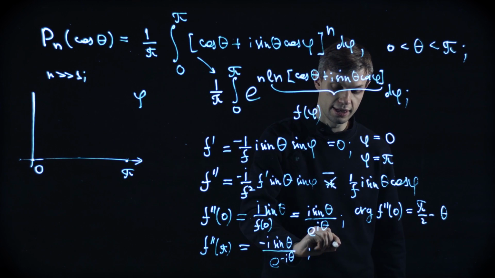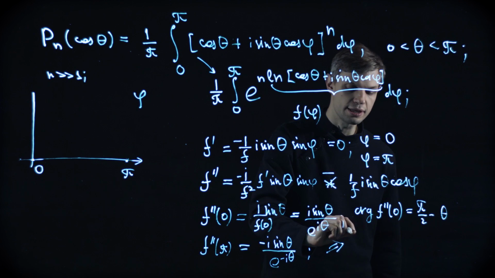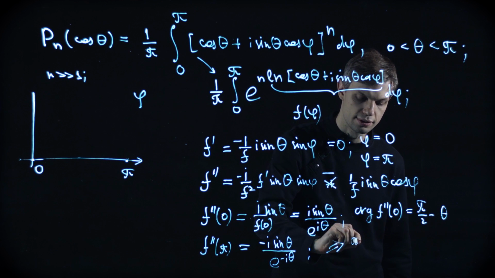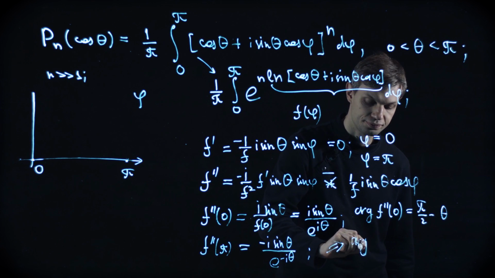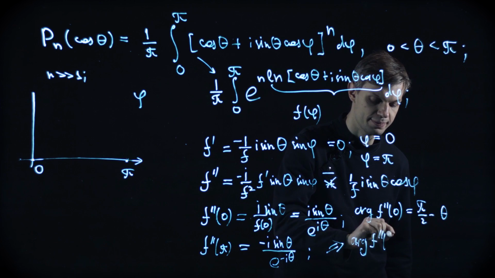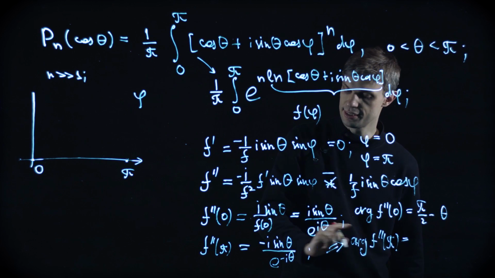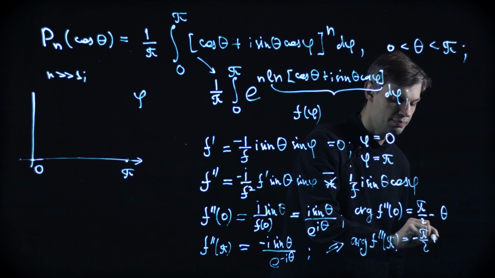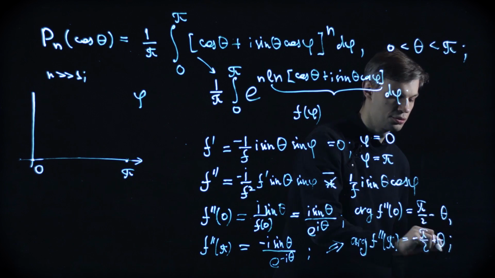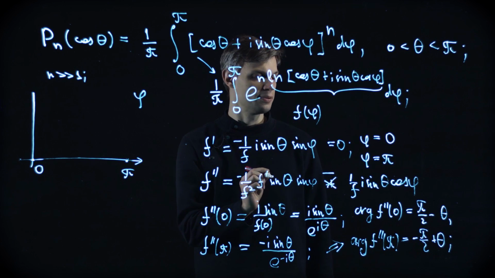Right, and as a result, the argument of f prime prime at π is equal to minus π by 2 plus theta. Right, and what else do we need?